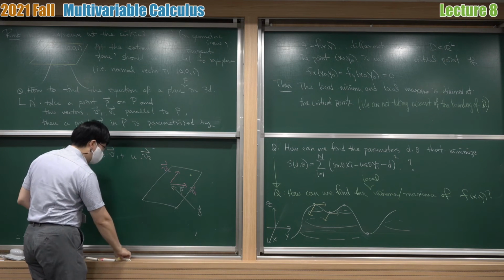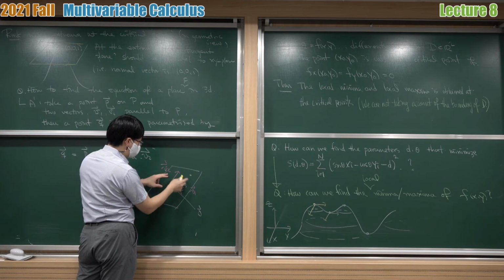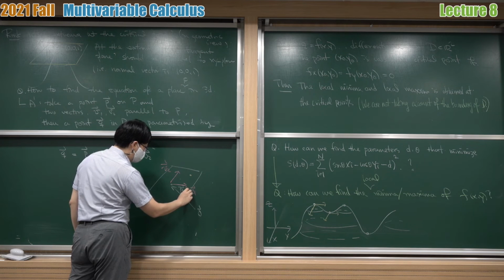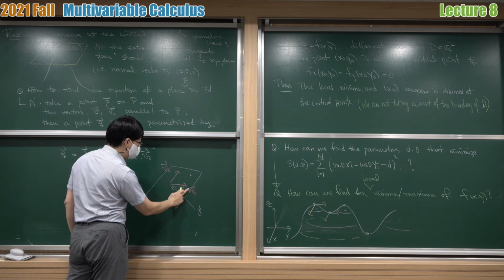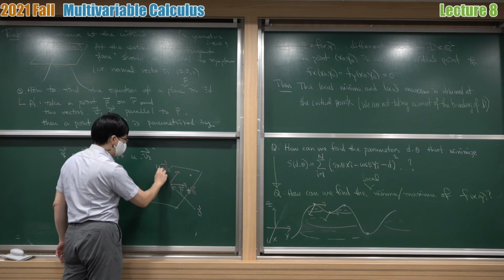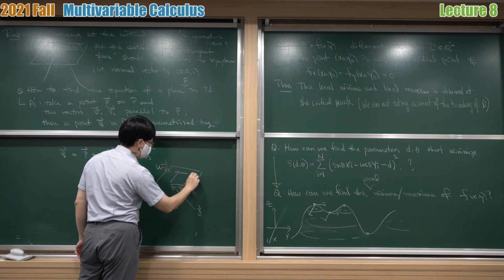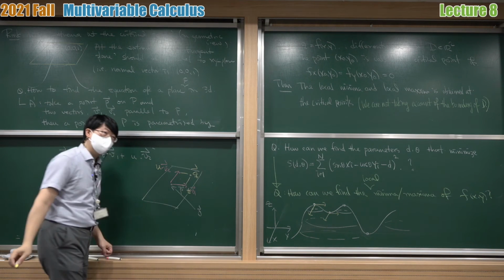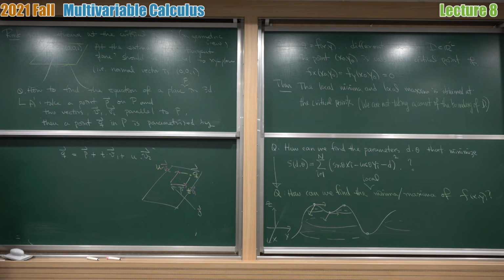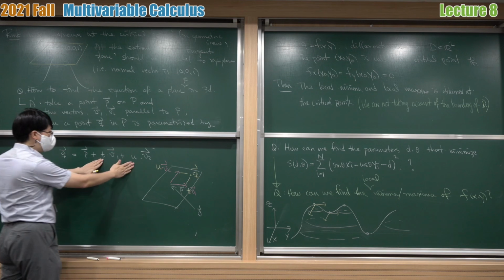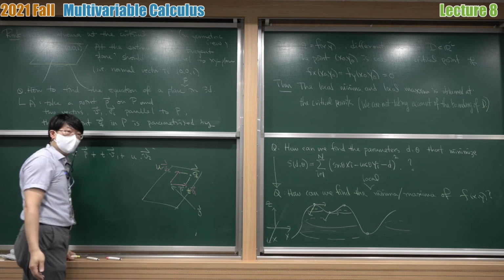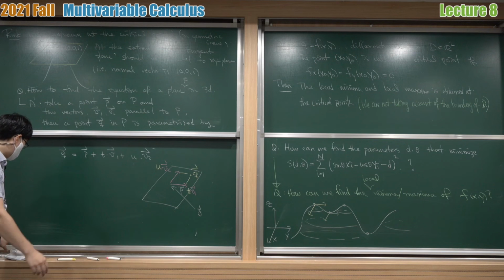The linear combination of V1 and V2 using the parameters t and u gives you any point in the plane. That's one way to parameterize. You need two parameters because the plane is a two-dimensional thing.